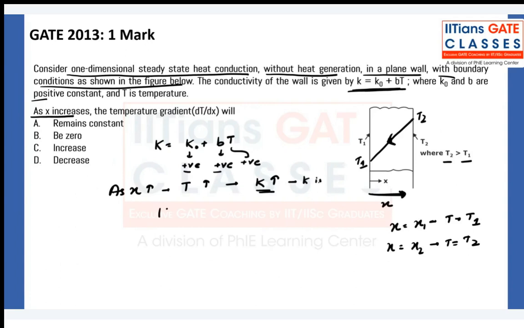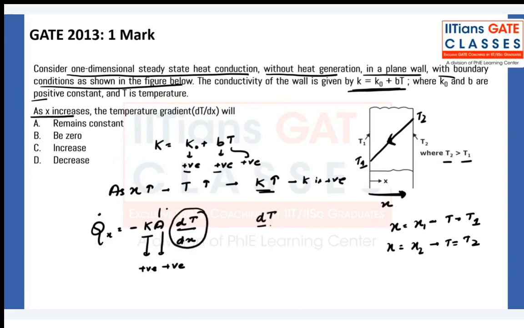Now I know that Qx is equal to minus K A dT by dx. K is positive, area will be positive, of course, we know that area cannot be negative. So that means the temperature gradient dT by dx is negative.